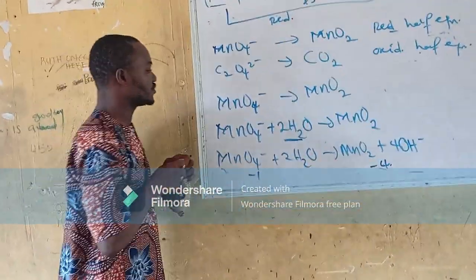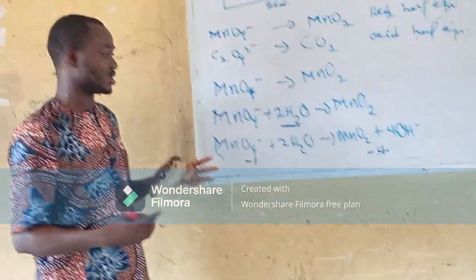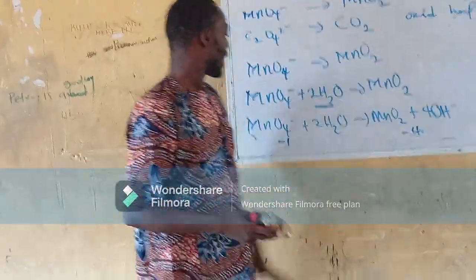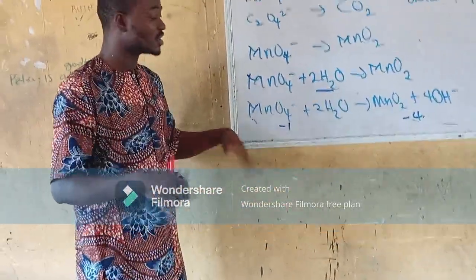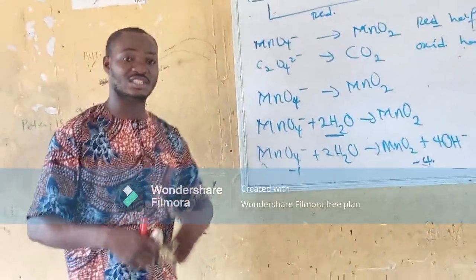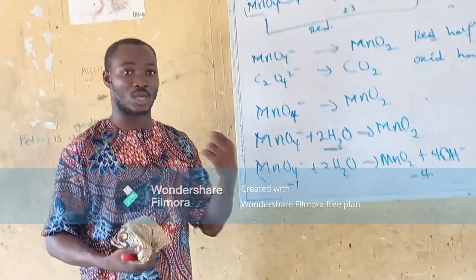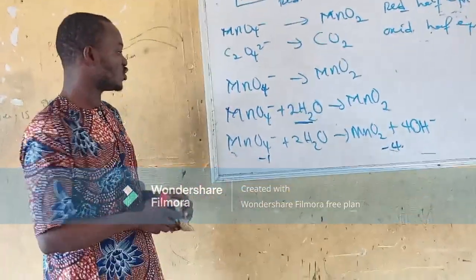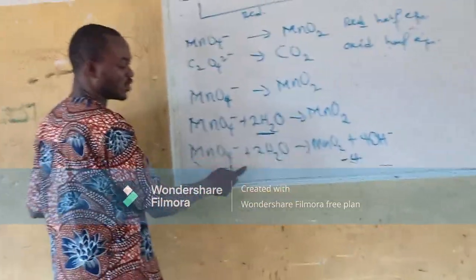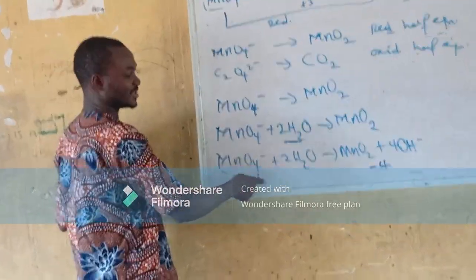For us to balance, we are going to check. Now our electrons are always negatively charged. If I have -4 here and I have -1 here, how can I make this place become -4? By adding -3. And since you know our electron is negative, if you have 1 electron, you have -1. If you have 2 electrons, you have -2. If you have 3 electrons, you have -3. In that case, I'm going to add 3 electrons to this side.